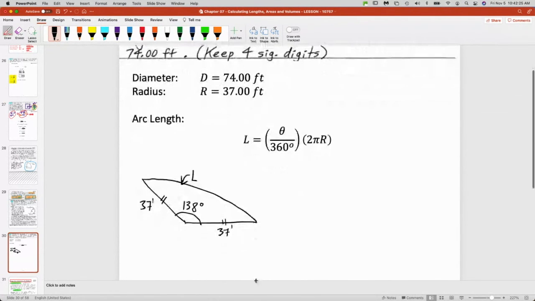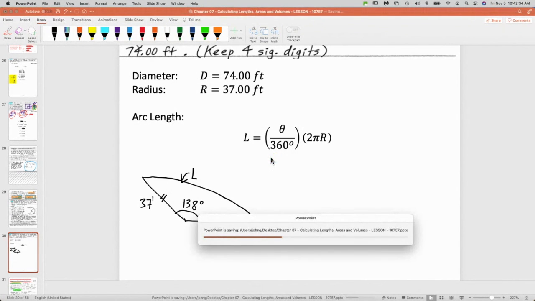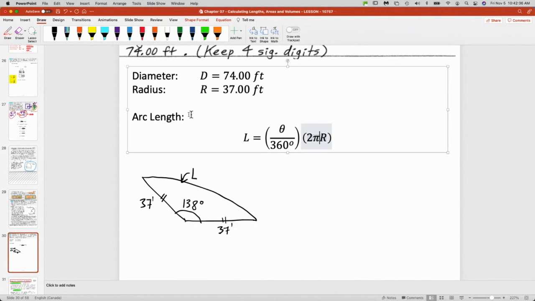Just in case it doesn't appear on your screen, I'll scroll up a little bit. Okay, so we have all the information in hand. We can just plug in some stuff and finish the question now.